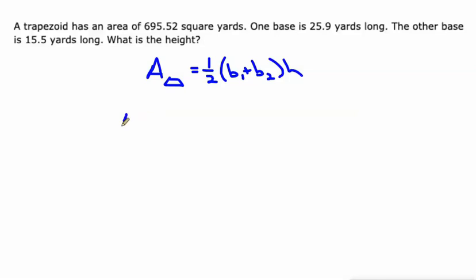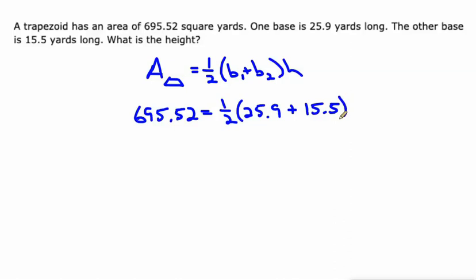Okay. So not too bad this time. So we'll put in the area here, 695.52 square yards equals 1/2 the sum of the bases, and we know the bases are 25.9 and 15.5. All right, and we're trying to figure out that height.